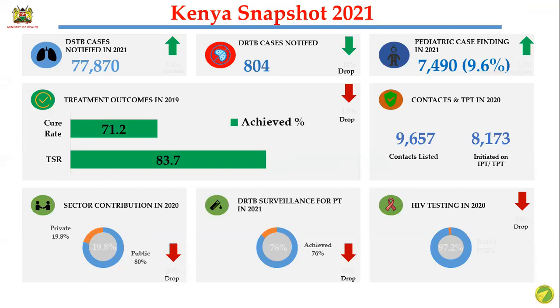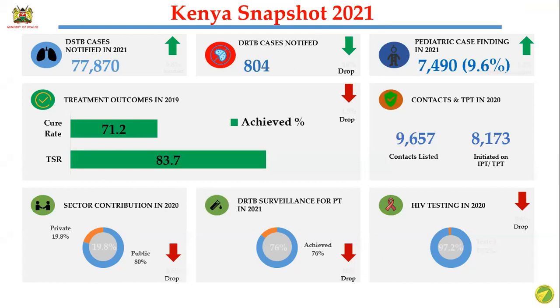So we were able to do about 76%. Ideally, especially for previously treated TB, we are expected to do surveillance for all the patients who are suspected to be DRTB, who are potential DRTB.